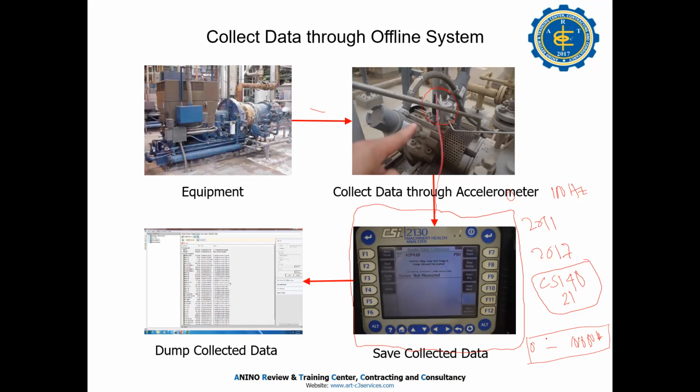Normally in the field you can do manual, and in the software you can do trending. That's why during analysis or when there's a problem, we can justify easily. We have trending, you have all the data.